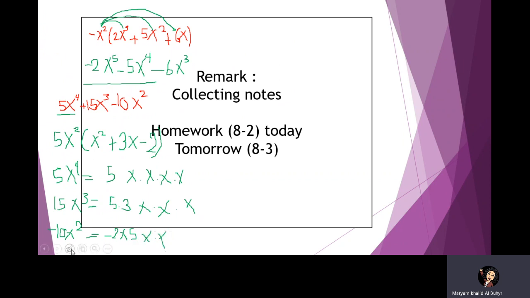If you try to see the common factor between all of them, you will notice that 5 is one of them, and that's what I wrote here. And you have x, x in all of them, so x to the power 2. The remaining is x to the power 2, that's what I wrote, 3x, that's what I wrote, minus 2.